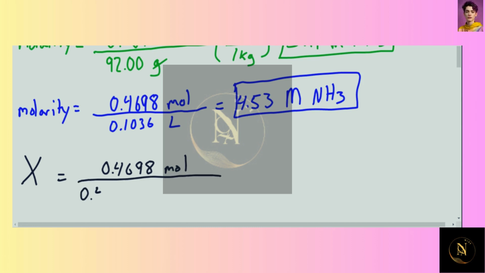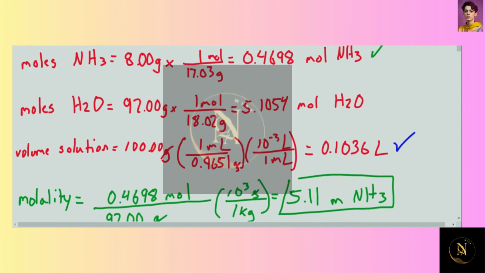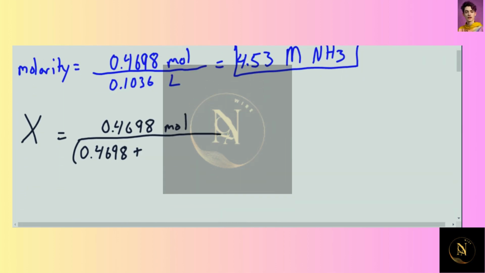So it's going to be 0.4698 plus the moles of water, which we calculated as being 5.1054. So our moles cancel, and we get a value of 0.0843 for mole fraction.